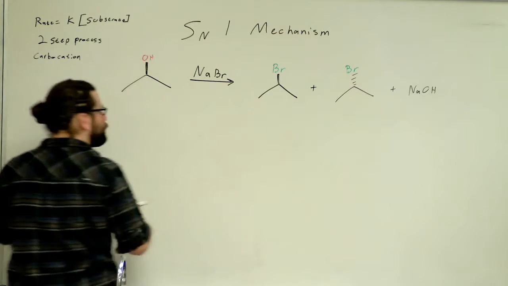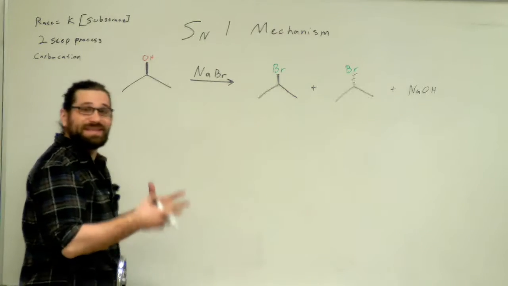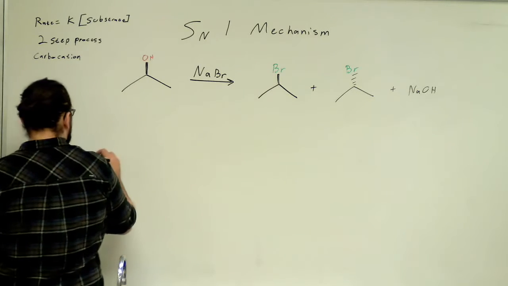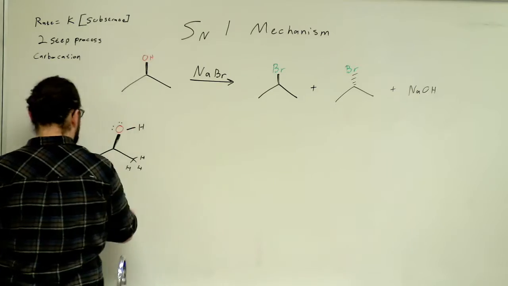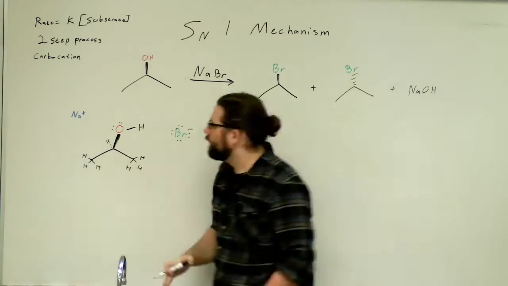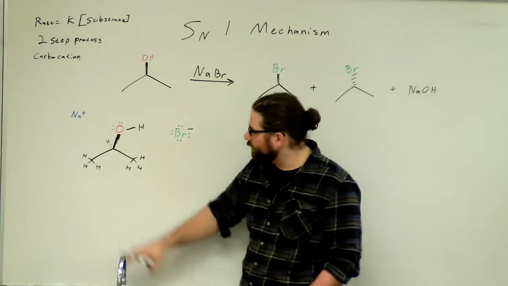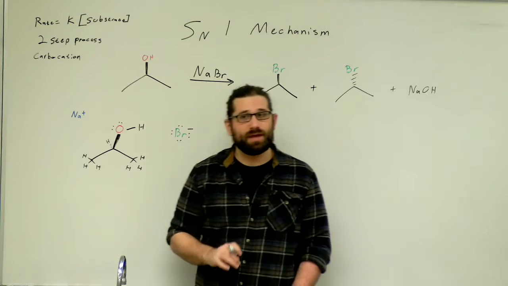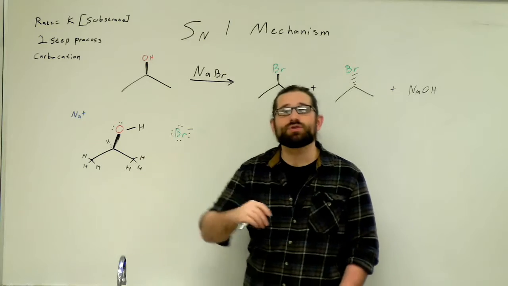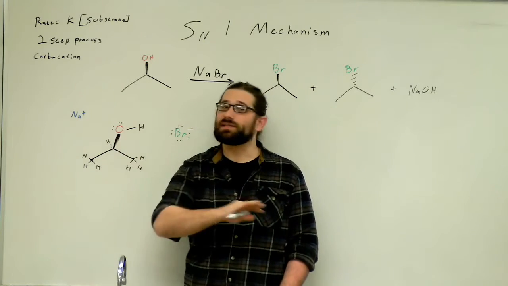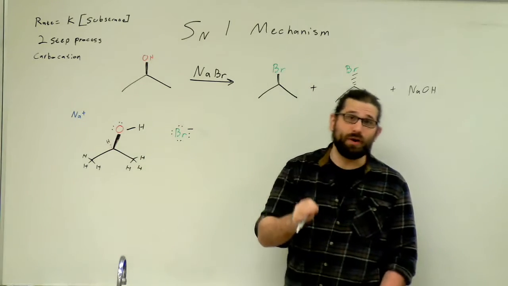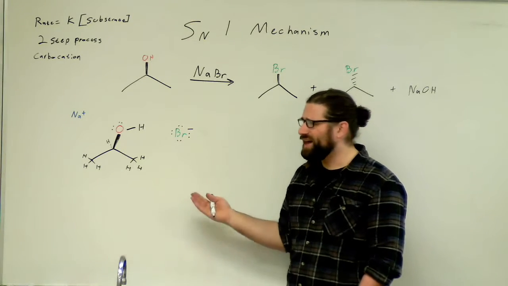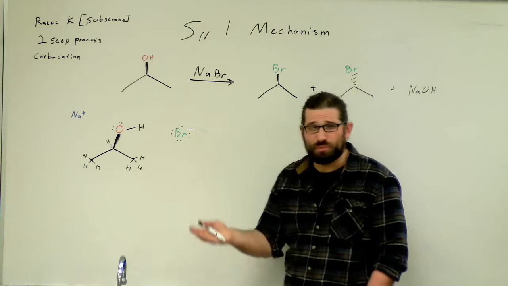So, once again, I'm going to draw this out in a more detailed, exaggerated version that we would not normally do. So I've got my substrate modeled out here. My first step in the SN1 mechanism is this hydroxide group is going to leave. Okay, it's going to leave all on its own. Now, remember, there are collisions happening constantly here. So why does the functional group leave?